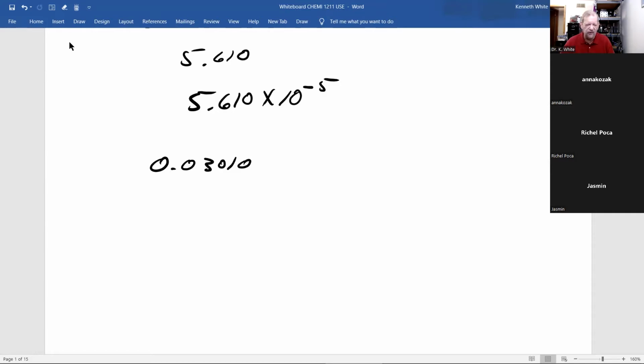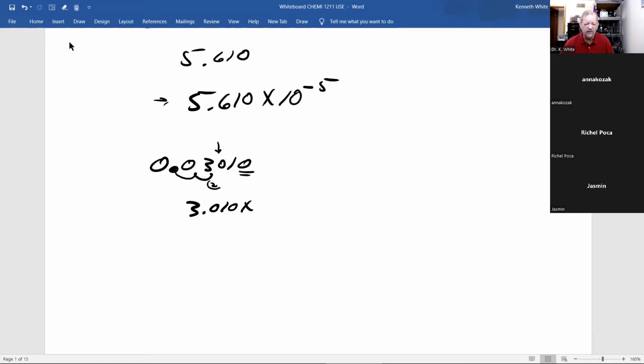This number is less than 1, but you still do the same thing. Move the decimal point to the right of the first non-zero number, 1, 2. Oh, by the way, lead zeros you drop. I didn't mention it up here, but I'll mention it here. Zeros after the first non-zero number, you don't drop.